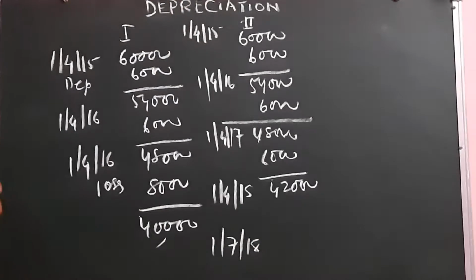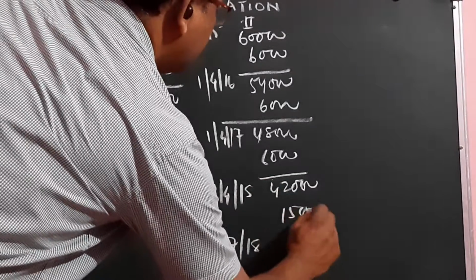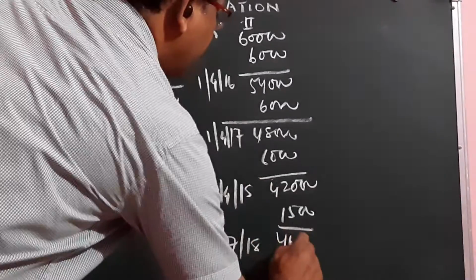So there is a duration of 3 months, so one fourth, depreciation for 3 months is 1,500. So 42,000 minus 1,500 is 40,500.